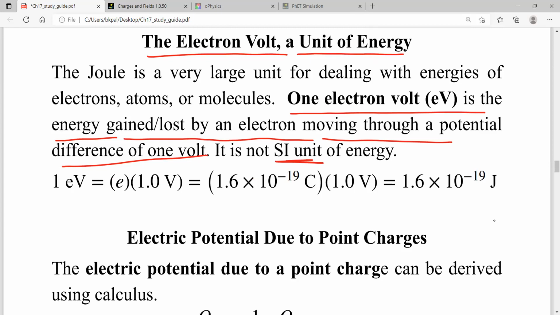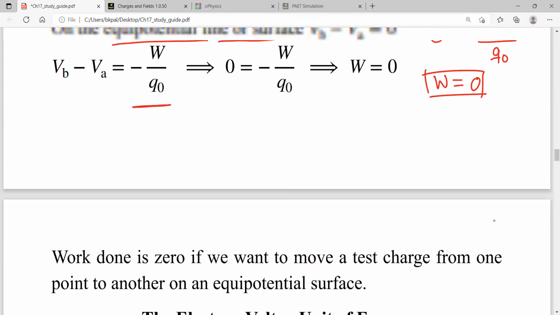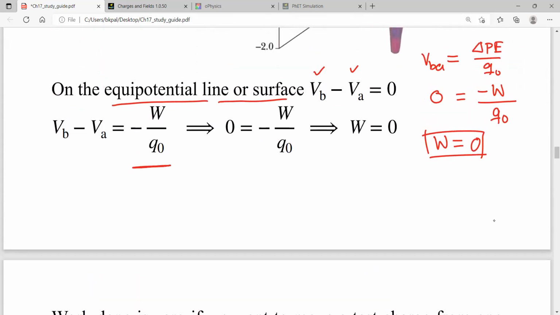You can show it by using this equation. Work done is equal to Q0 times VB minus VA, right? You already saw this: VB minus VA is equal to delta PE over Q0, so delta PE is basically Q0 times VB minus VA.